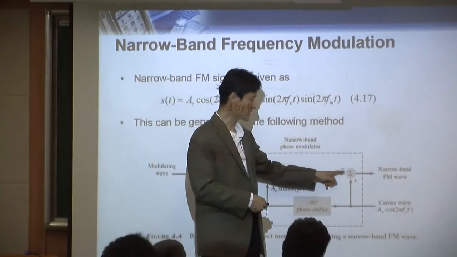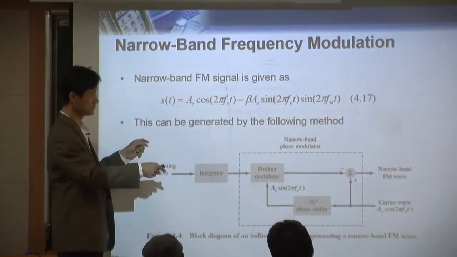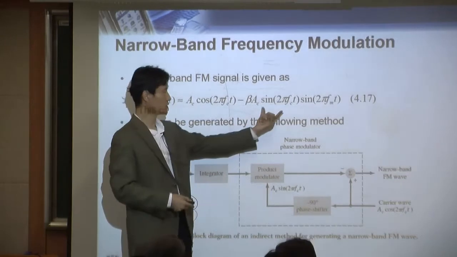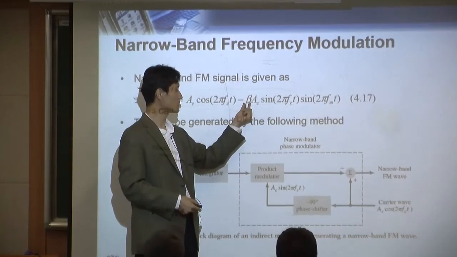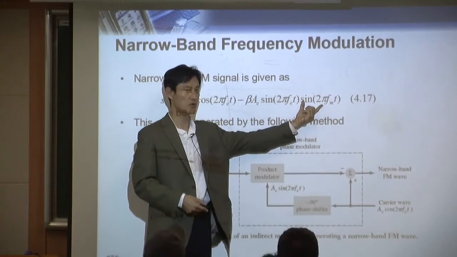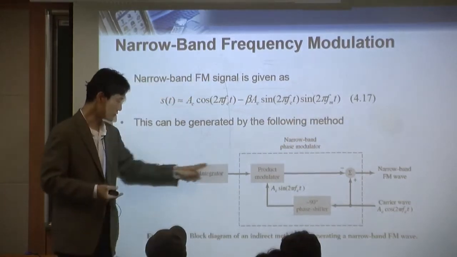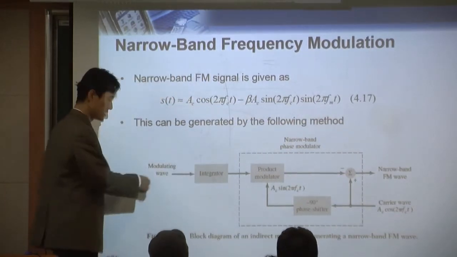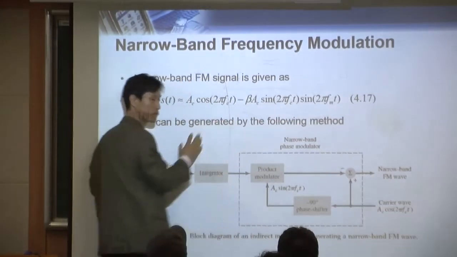And that is subtracted from your cosine carrier. That's what happened here, right? So you have a message. Your message was beta and sine. That was your beta cosine. That was your original message. But that was here. Original message was a cosine, right? Cosine 2 pi fm t. That was the original message.